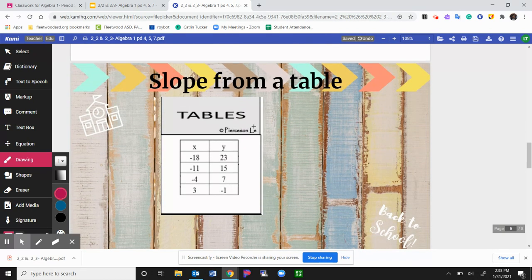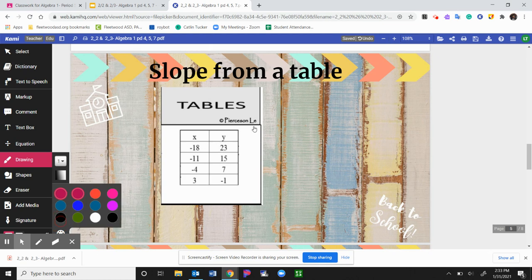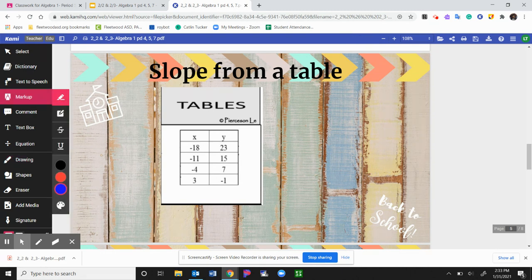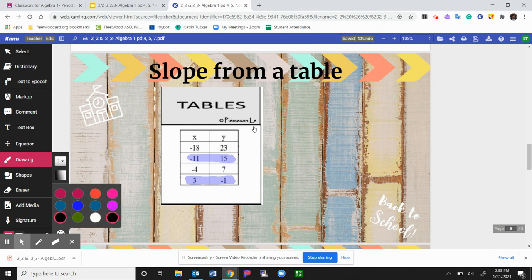Now coming here to slope from a table. Slope from a table, guys, is just a whole bunch of points. We could go through and plot our points if we really wanted to, but that's a lot of work. Really all you need to do is pick 2 sets of points. I can pick any of the points here, and I'm just going to rewrite them over here.